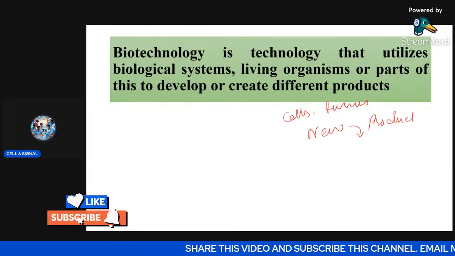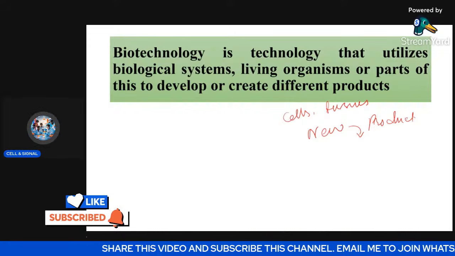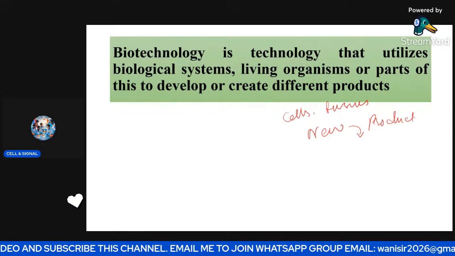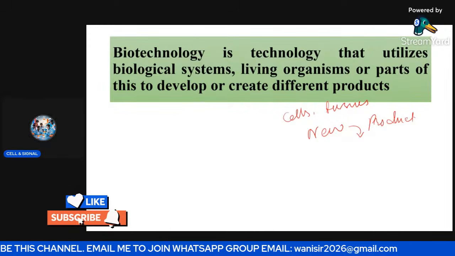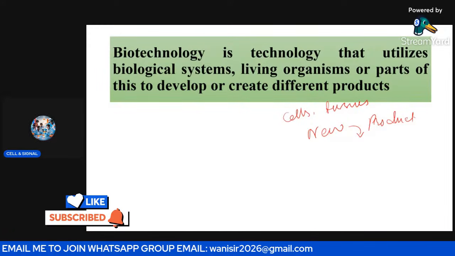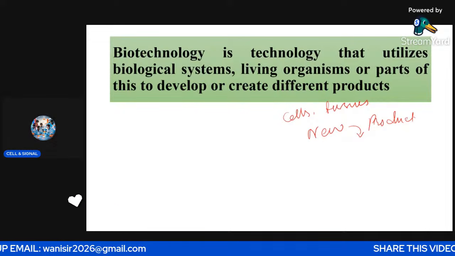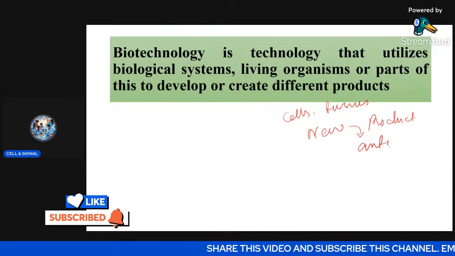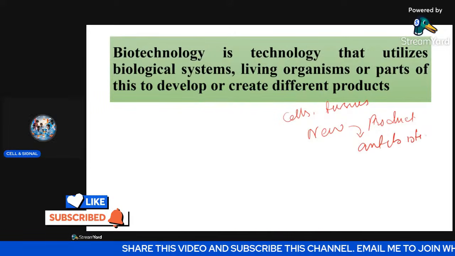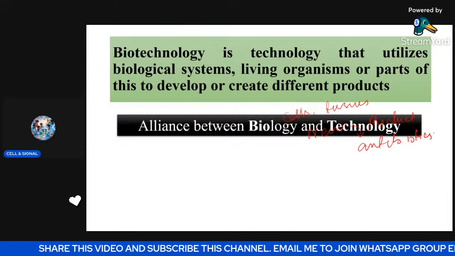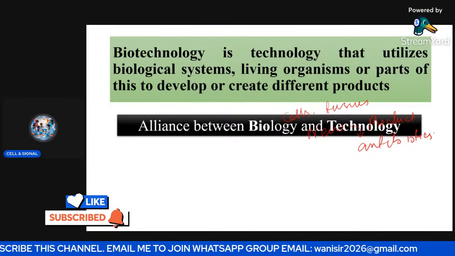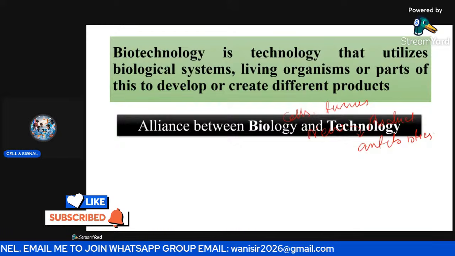It can be vaccines, like you recently saw the COVID vaccine being designed using the biotechnological techniques. And the new products can be antibiotics.